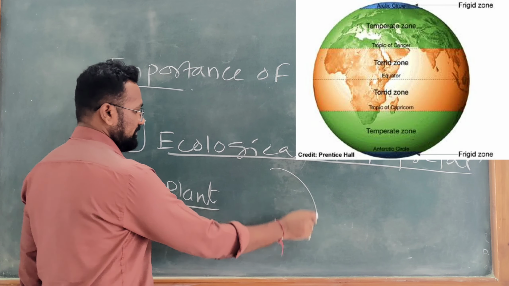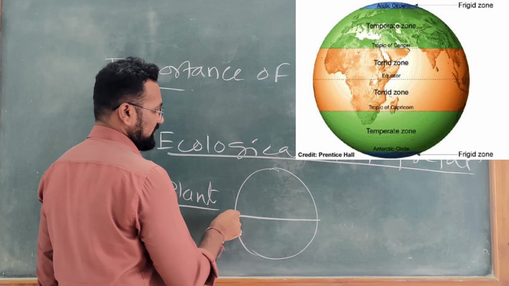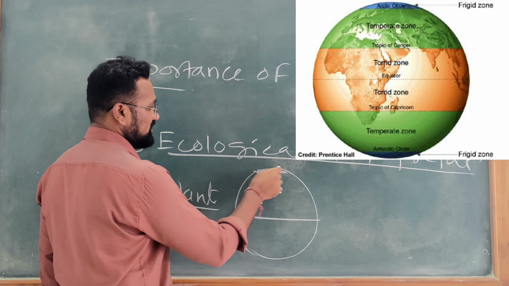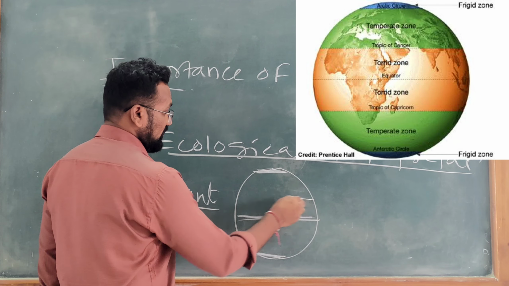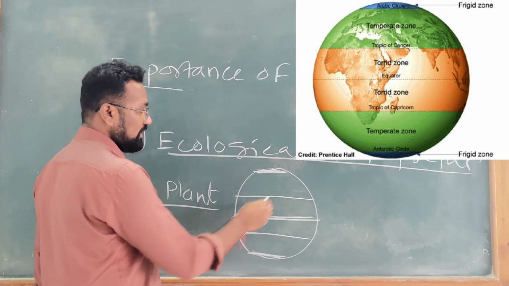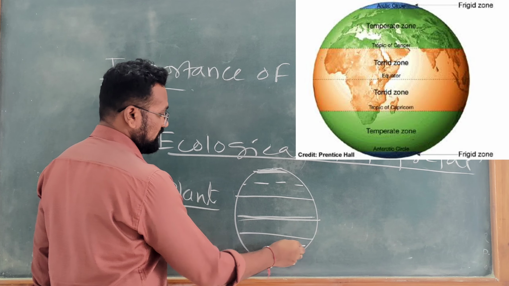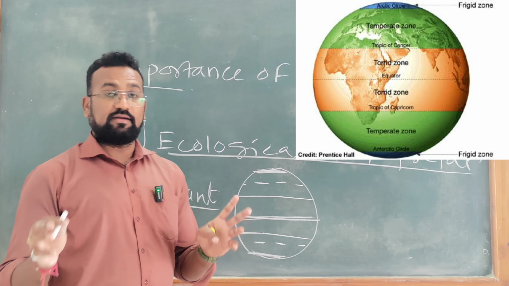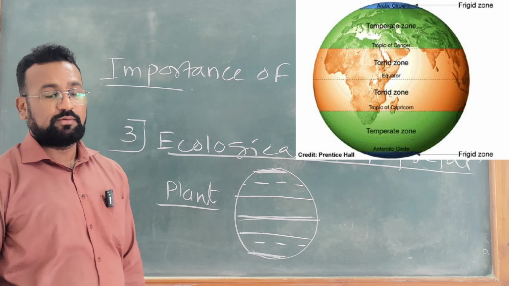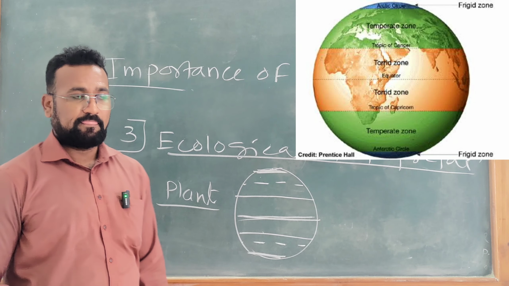We have various regions on Earth such as polar region, equator region, again polar region, tropical region, temperate region. All these regions show variation in their atmosphere and ecosystem.